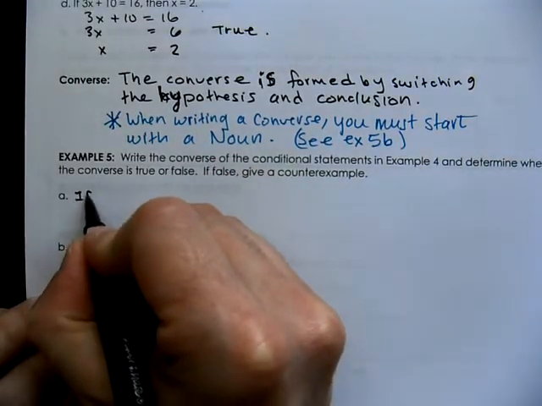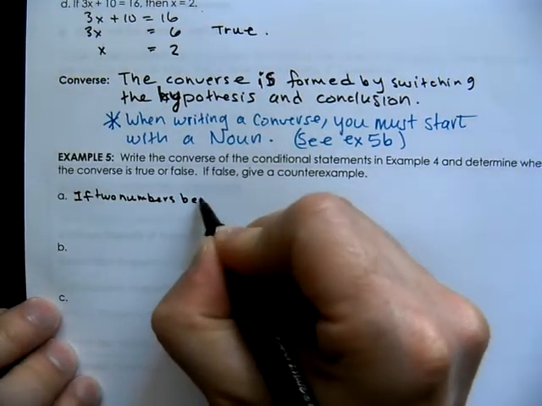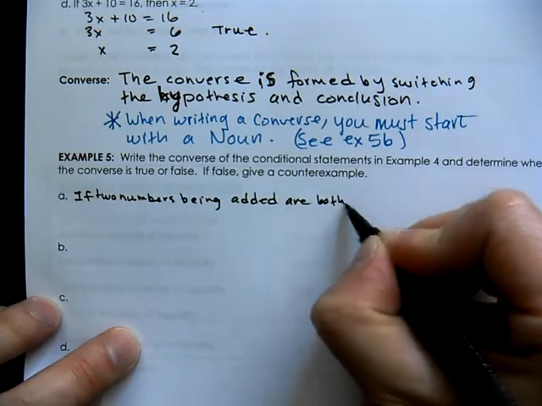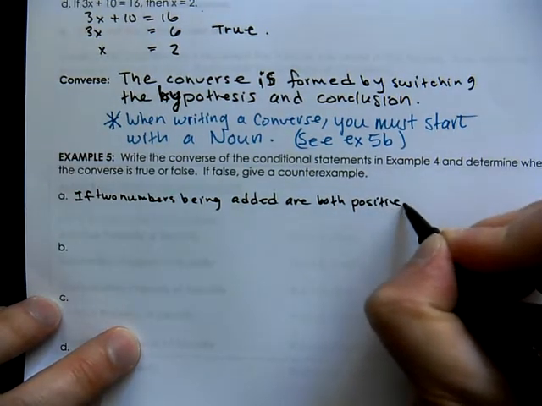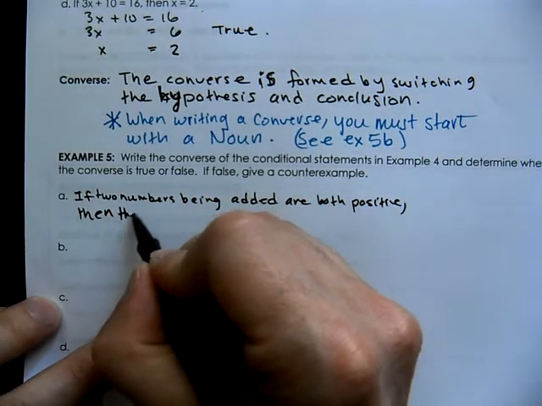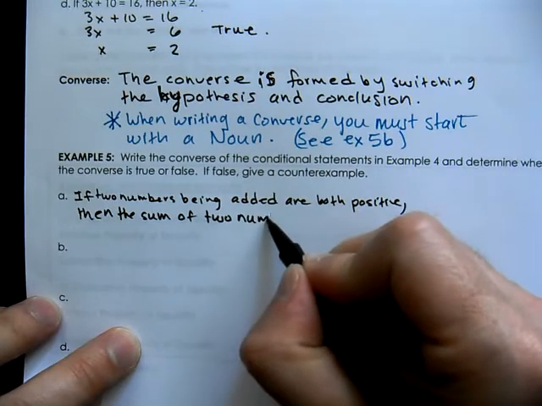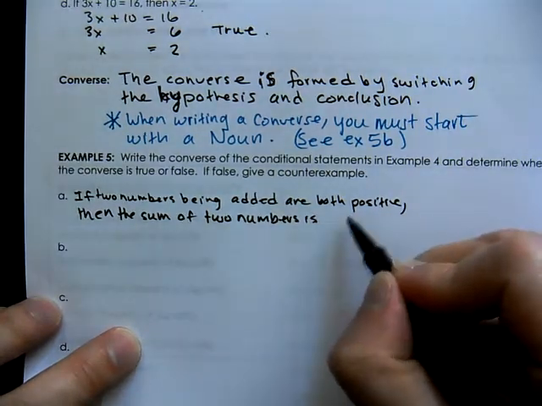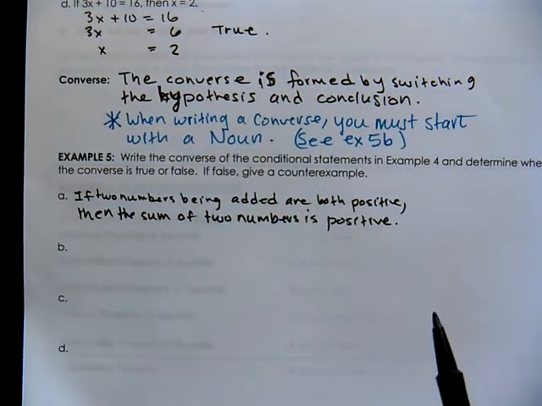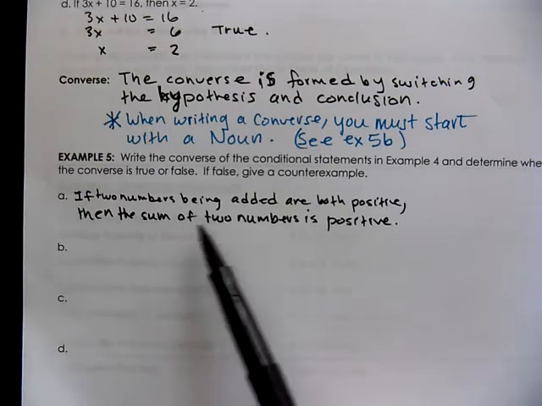So if two numbers being added are both positive, then the sum of two numbers is positive. This is my converse.